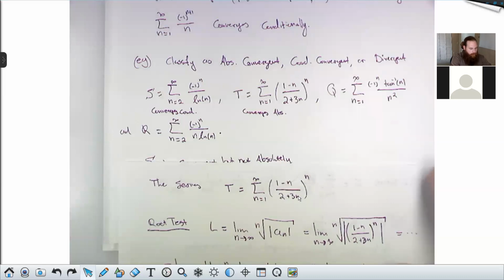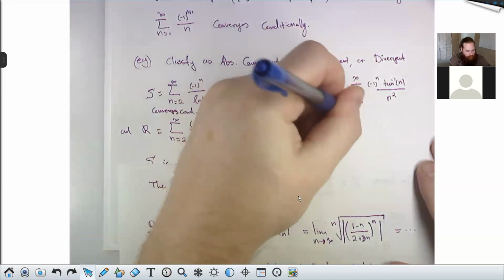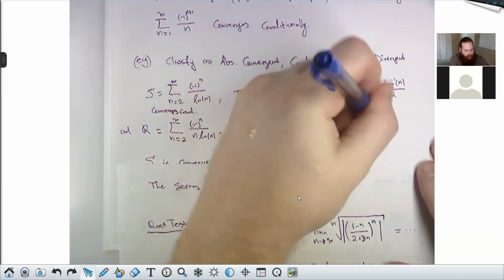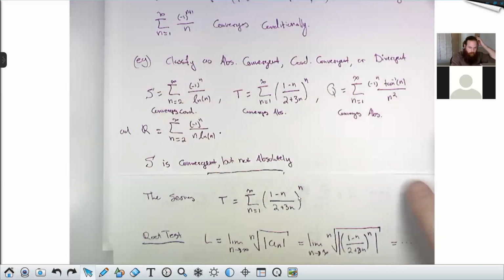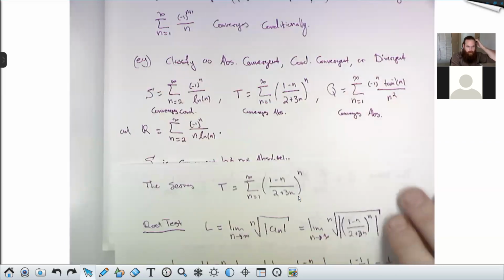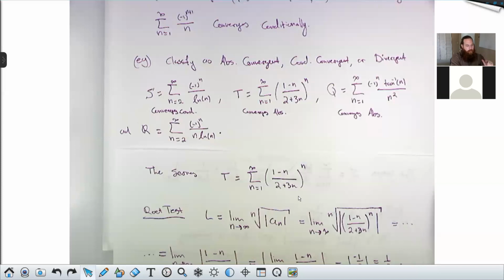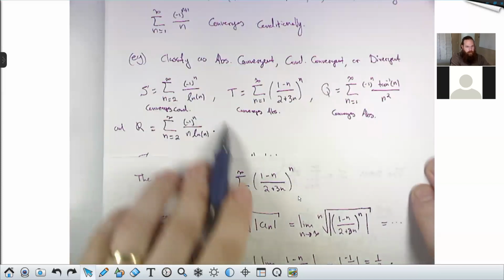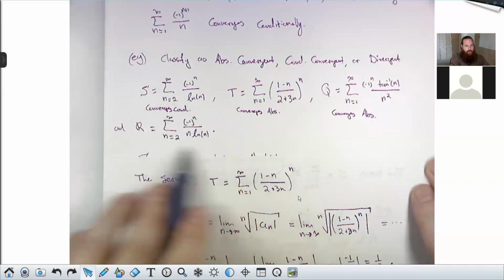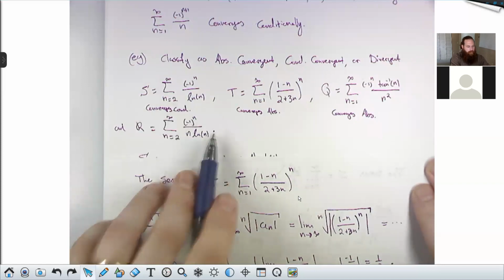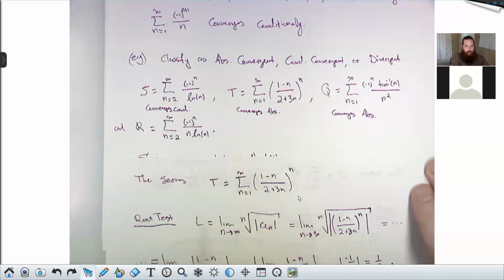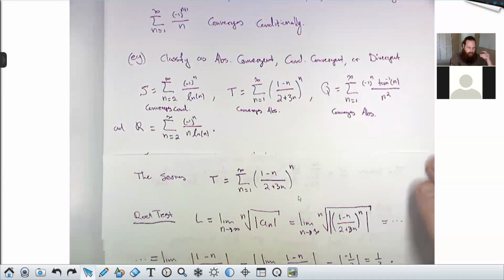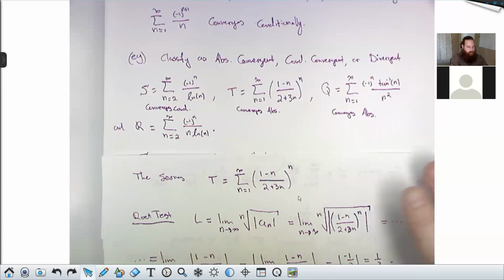I think we're getting a little short on time. I want to make sure that we do a ratio test example, and R is not a ratio test problem. So I'm going to skip over R. I'll let you guys work on this. You could start with AST. Your b_n here is 1 over n log n. That is a straight reciprocal, so you could show that it is convergent fairly easily using AST.